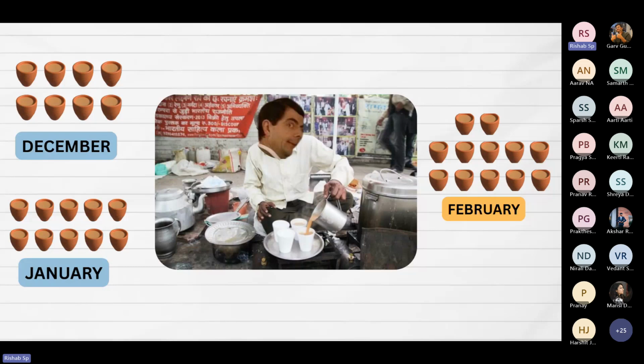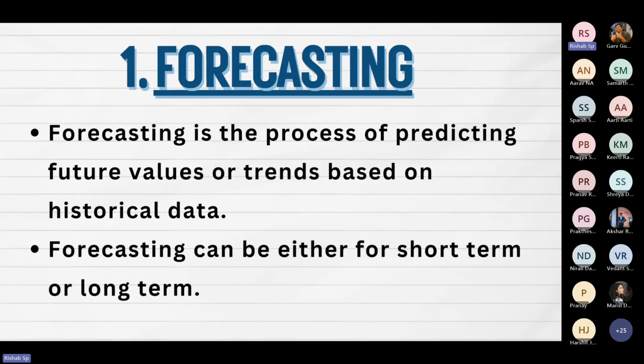He can also do it for March, April, and if he has more data, he can even predict for next year. So prediction can be for short term or for long term. This is basically forecasting. Forecasting is the process of predicting future values based on past data, and it can be either short term or long term.